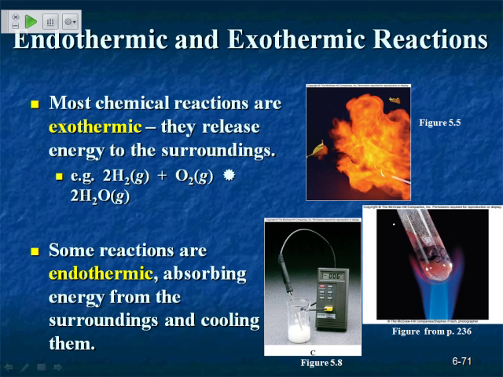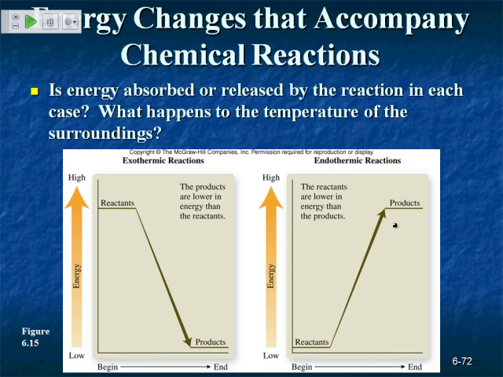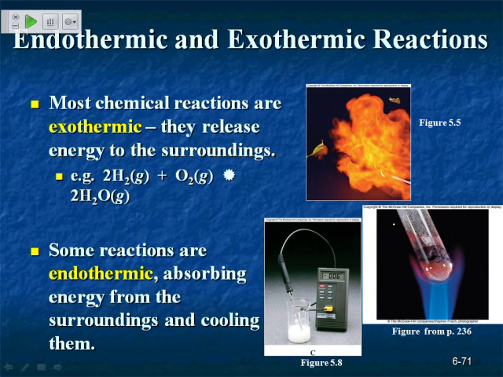It's not there? Okay. Wait a second. Figure 5.5, 5.8. Is it from chapter 5 pictures? Maybe that's why. These pictures are just taken from chapter 5 and put in there. That's why. Anyway.